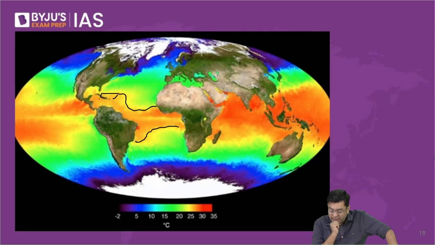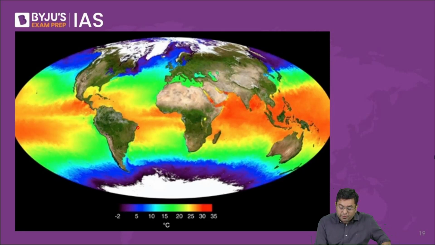Which phenomenon does it indicate? These are the tropics, near the equator, very good. Equatorial heating. But if there is equatorial heating, why is it that in the western portion of the Atlantic you have more warm water as compared to the eastern?